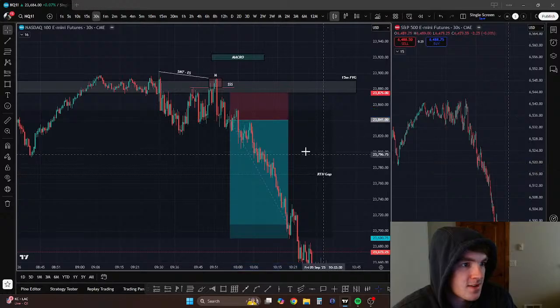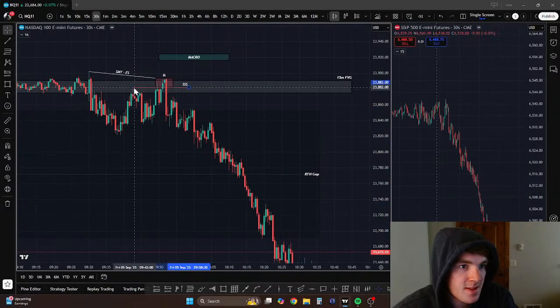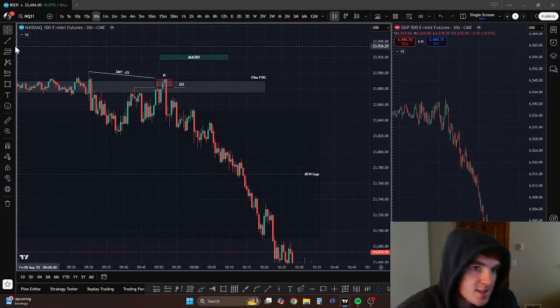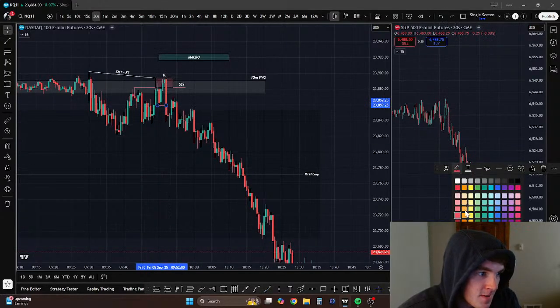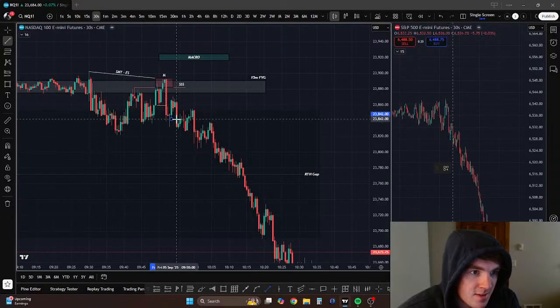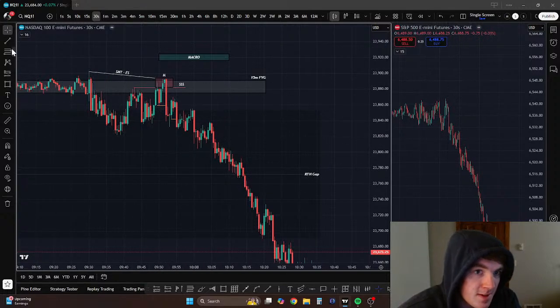Look at this, right? RTH gap. We get SMT into this 15-minute gap. And then we get algorithmic displacement, breaking a low here. Once again, I don't care if it's a legit breaker structure. It's whatever, right? It's displacement. All this is displacement. So this is what I care about: is the market displacing?